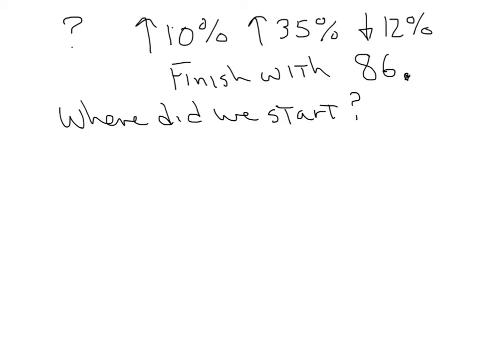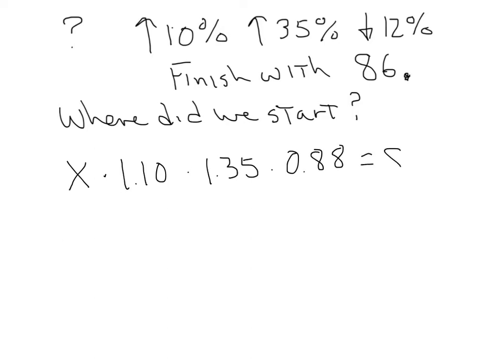So here's one more problem. Suppose we start at an unknown place and we went up 10% and then up 35% from that result, and then down 12% from that result, and we finish with 86. Where did we start? Well, we can use the method in the previous slides to simply say x times 1.10 times 1.35 times 0.88 equals 86.